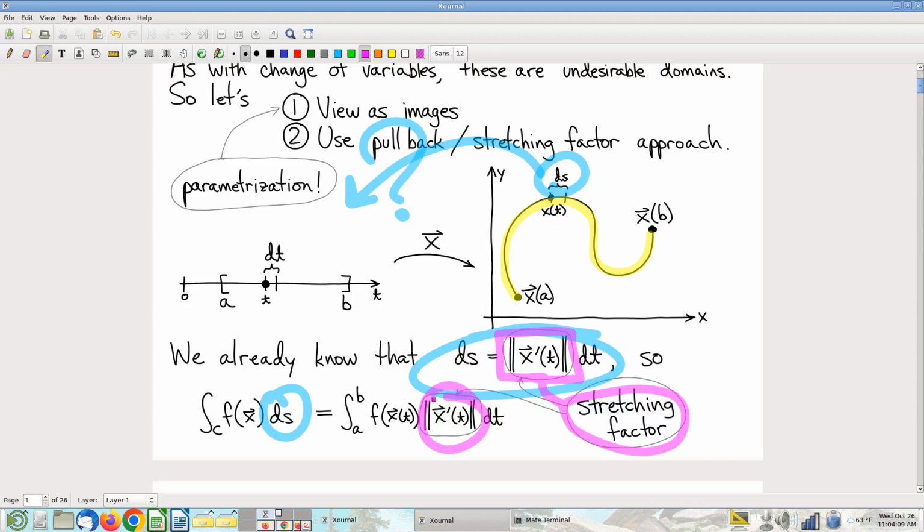I'm having trouble knowing how you see that this is a bad domain. Oh, because how else are you going to compute an integral on this? It's not a double integral, because there are no areas. It's also not really a single variable integral. What are you going to do, compute an integral from a to b? Look at the x coordinates?